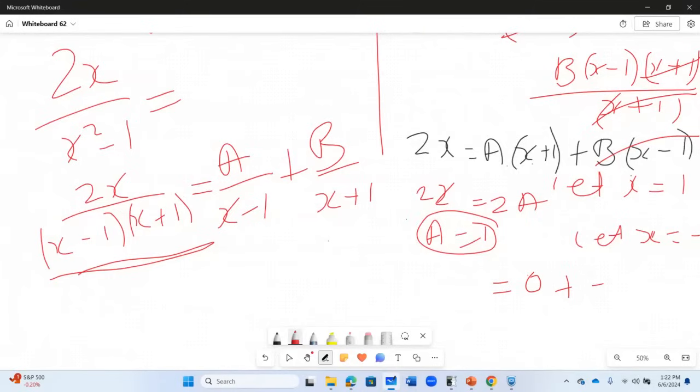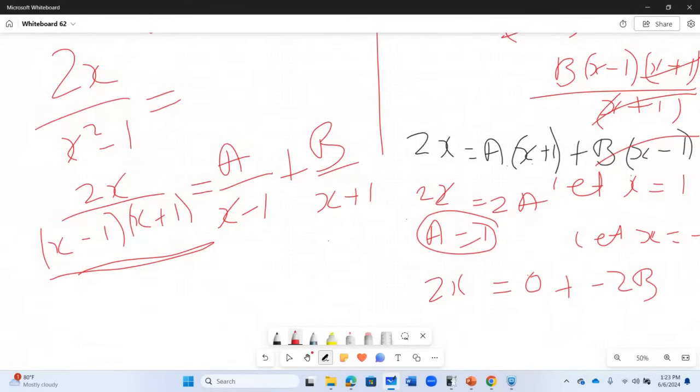Then I have negative 2B. Negative 2B is equal to 2x. So then I divide both sides by negative 2, and B is equal to negative 1.